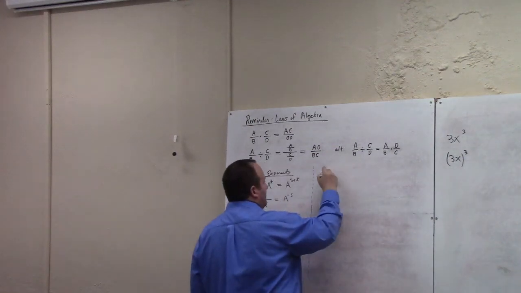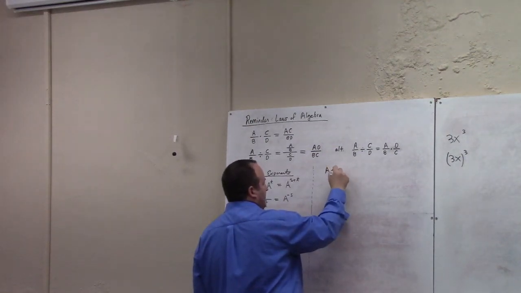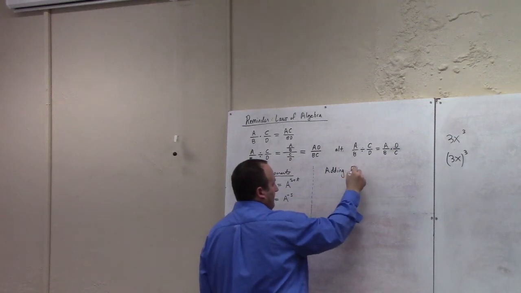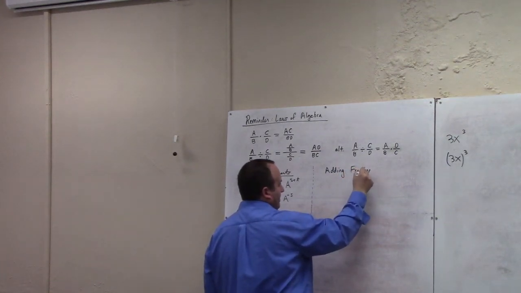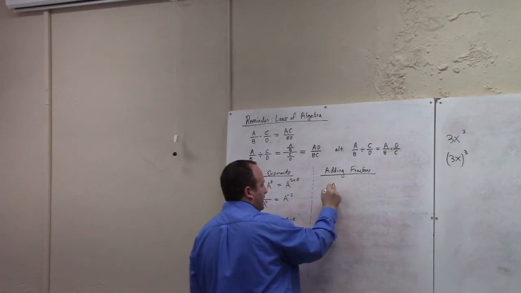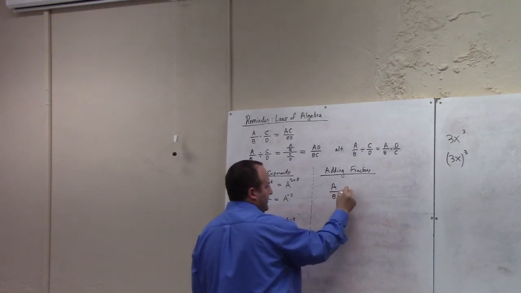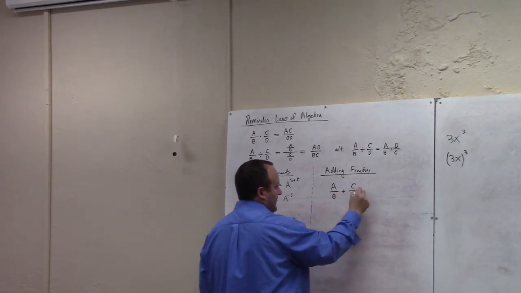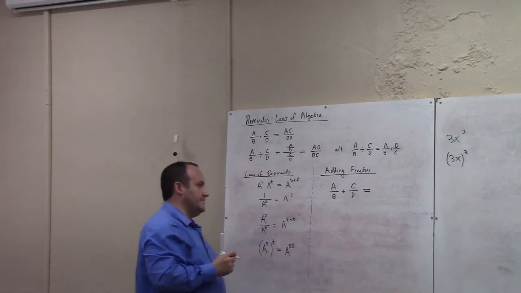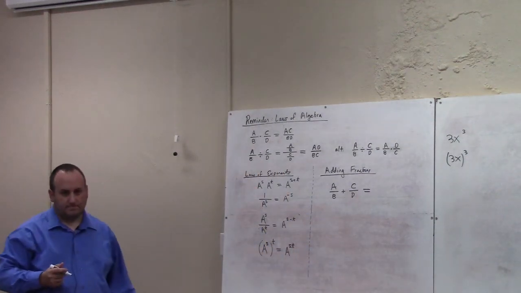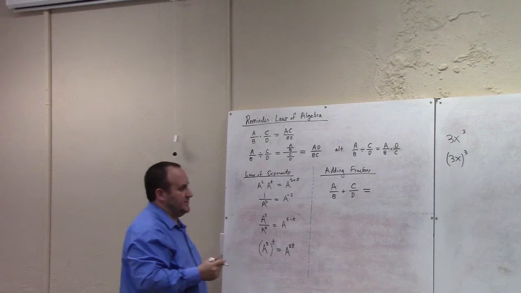And then, of course, we have to talk about adding fractions, right? How do we add fractions? If I have a over b plus c over d, how do you add that? You can use the cross multiplication rule, right?